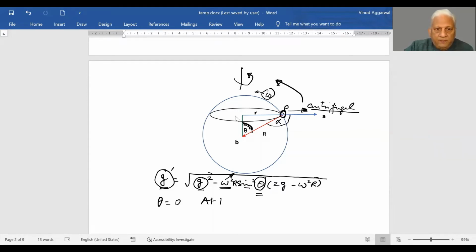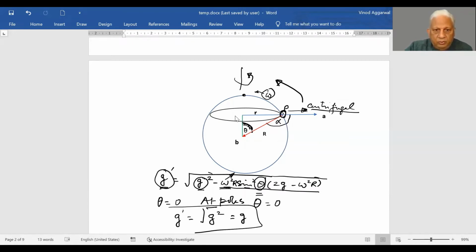At poles, theta is 0, because you will be here, so the angle from the vertical is 0. If that is the case, then you will be left with g dash equal to g. This whole term will become 0. Meaning thereby, at the pole you will have no effect. The apparent g will be the same as the actual g.